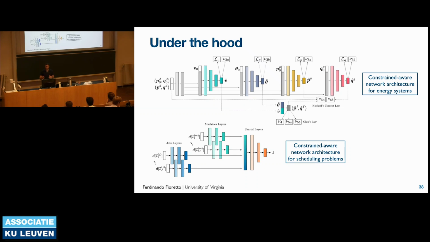I talked about the solving hat, but if I put my modeling hat on, you would notice that the architecture design that we use to render those networks usable is also quite interesting. In particular, this is the architecture that we use for the energy systems. This is essentially a multi-head network where we're predicting different physical quantities, and then they are connected through some hidden layers via constraints.